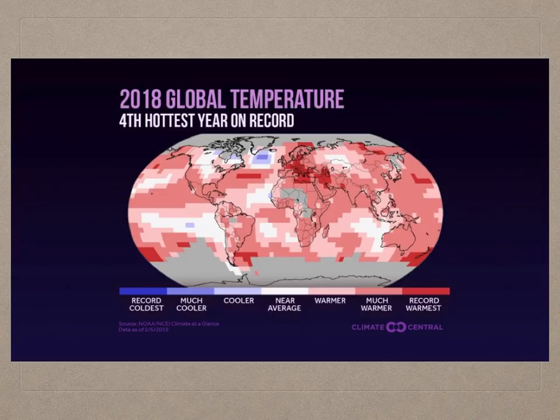There's an interesting cooling that's occurring just off the southern coast of Greenland, which is related to the melting of the Greenland ice sheet, with water flowing into the North Atlantic and causing the North Atlantic to cool.